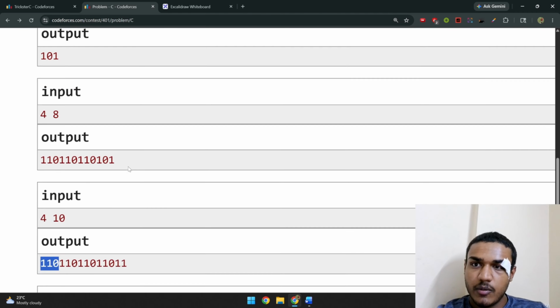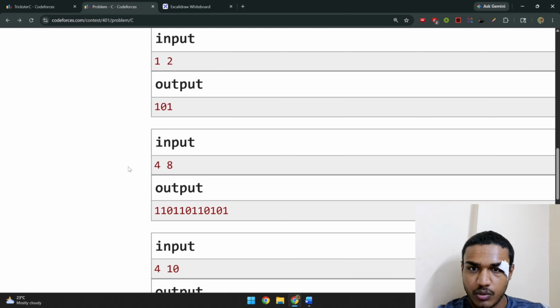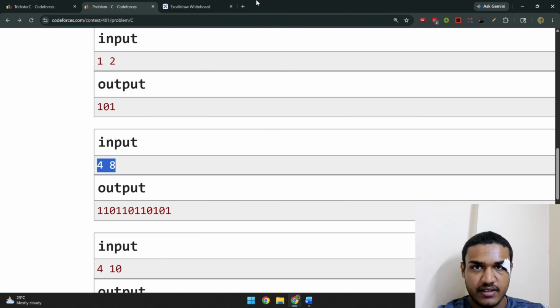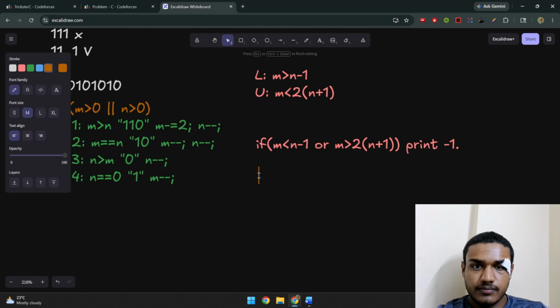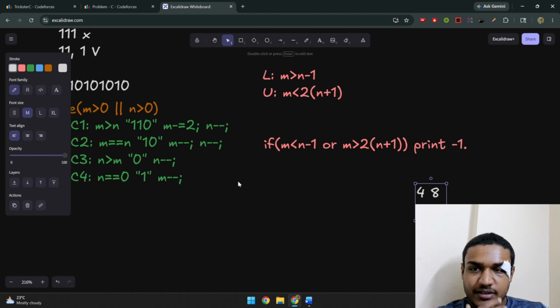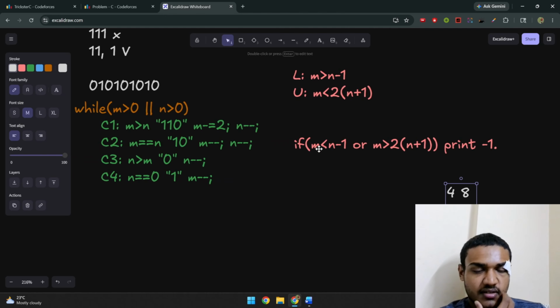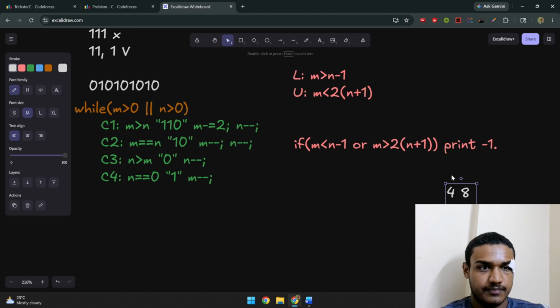Right. So if I were to quickly trace an example, let's go with this one, 4 and 8. So I write down 4 and 8, and let's just move it over here. Let's quickly check our condition first.